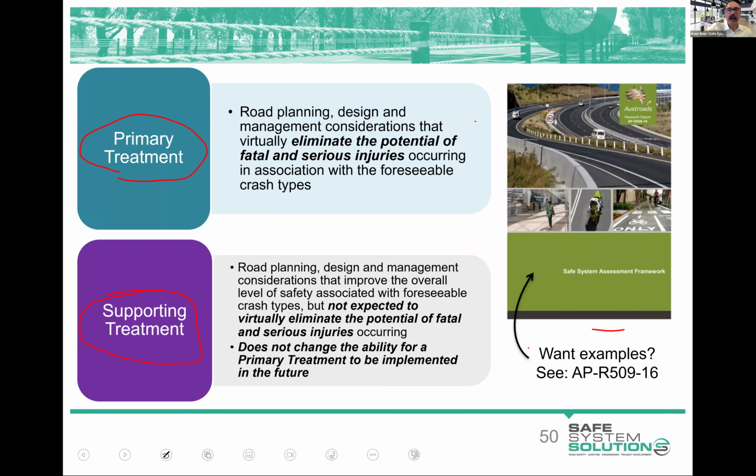I do point you at this other document, the Safe System Assessment Framework, because they simply list different treatments and whether they're primary or supporting for different crash types. So let me just give you a couple of examples on this to reinforce and hopefully help you understand what a primary treatment is and what a supporting treatment is.